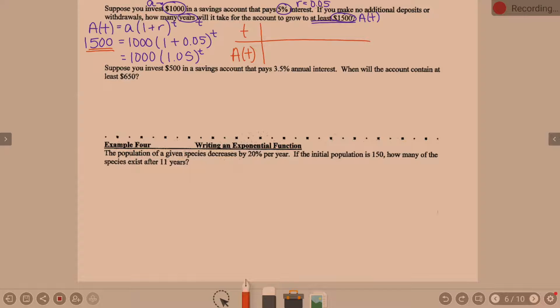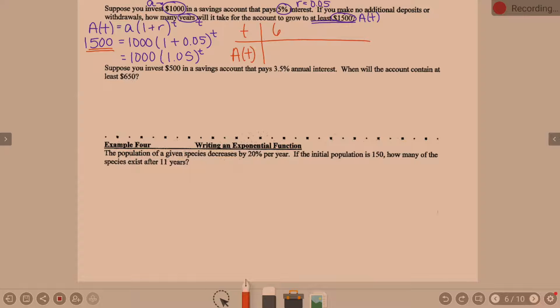Now, there was a gap because we did this on Friday. But go back up to the first example we did at the top of this page on Friday. What do you notice? It's the same. It was the same pieces, right? $1,000, 5%, and what do we have right there?